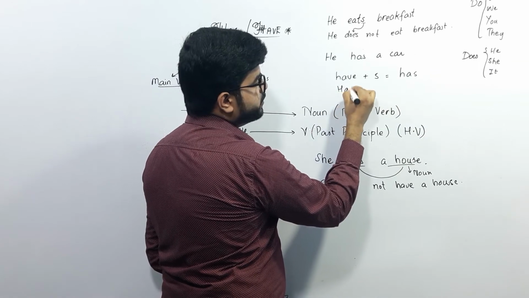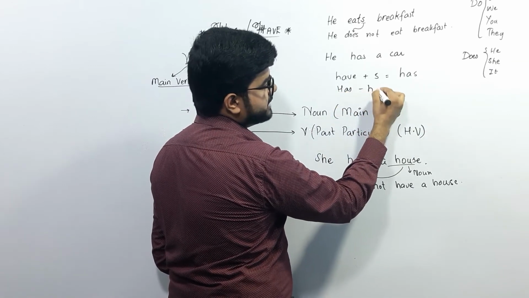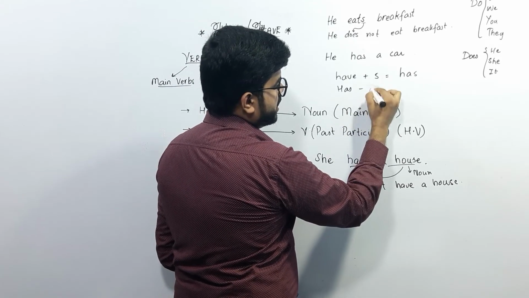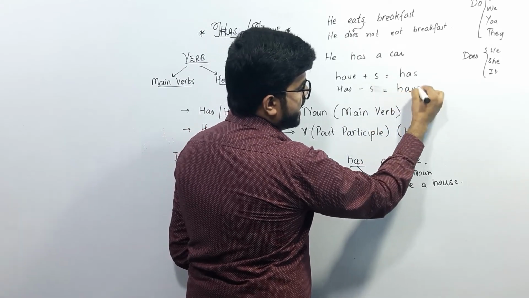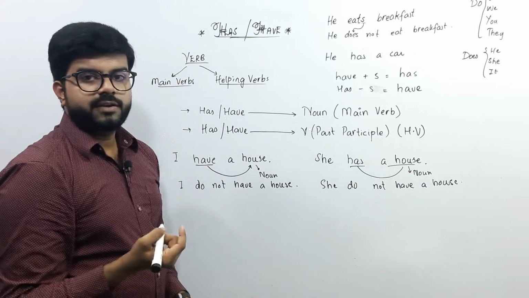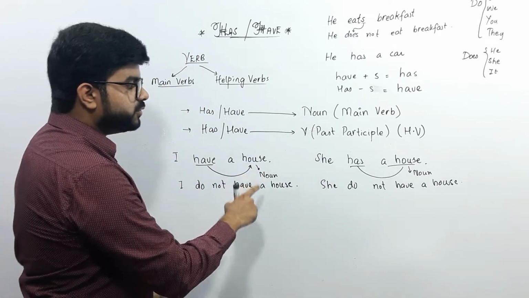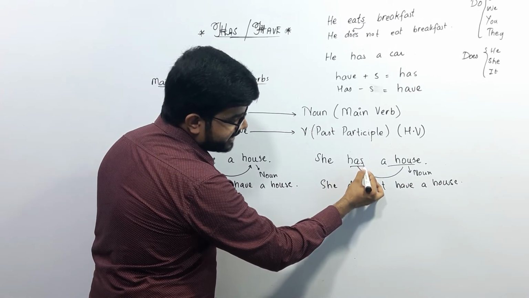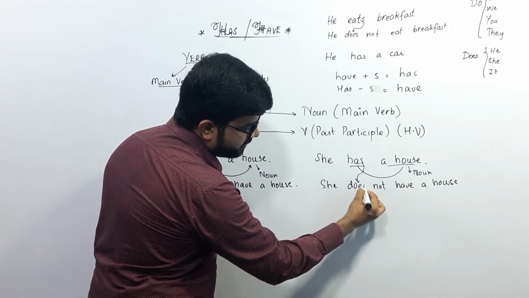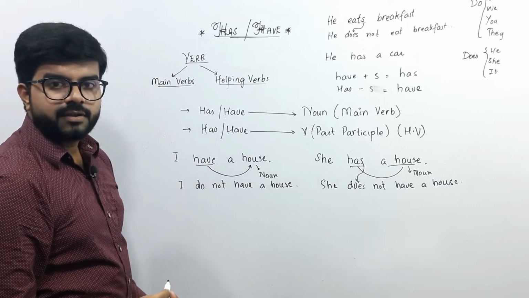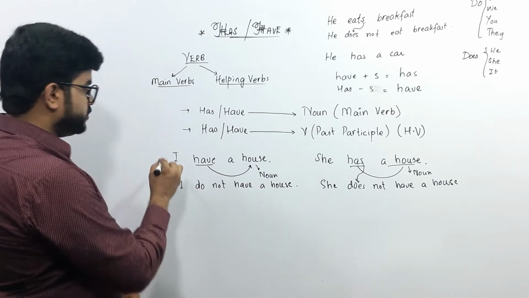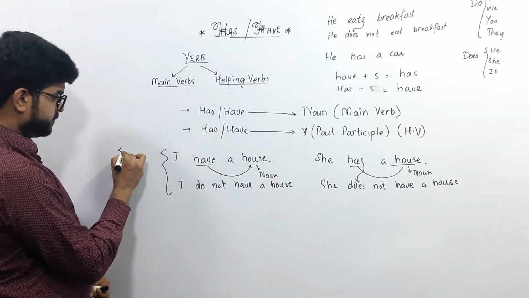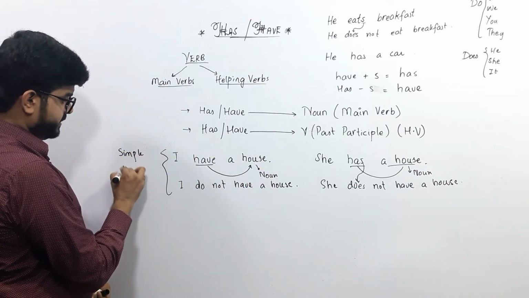And whenever we remove s from has, it becomes have again, right? You see? So I'm going to use the same thing. I remove this s and I use this s over here with do, and it's going to become does, right? So as I told you that these particular sentences, they are actually simple present.